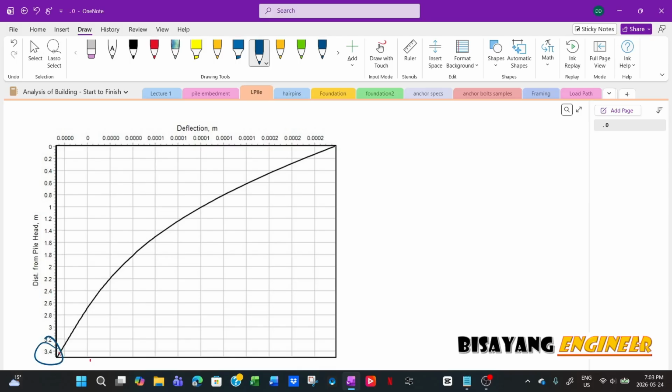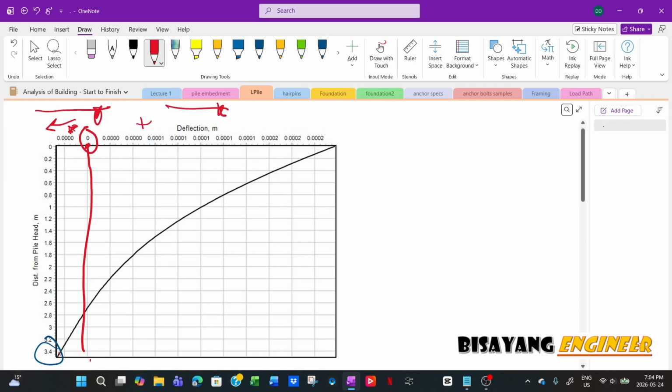So at first I tried 3.4 meter embedment. Now, if you notice, this line is your origin. See, that's 0. So this is negative, this is positive. Now, assuming the load is in that direction, going right, if you notice at more or less 2.8, there's a point of inflection or point of rotation.